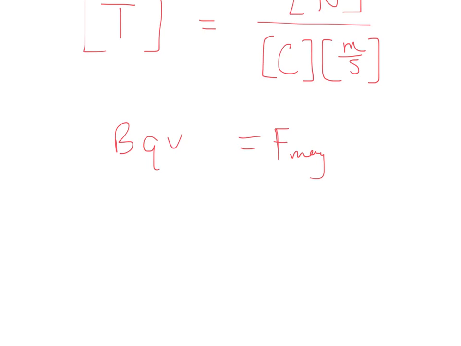Start with the thumb. Thumb was the direction of velocity, or particle moving. Fingers were in the direction of the magnetic field, B. And your palm pointed in the direction of the magnetic force on a positive charge.